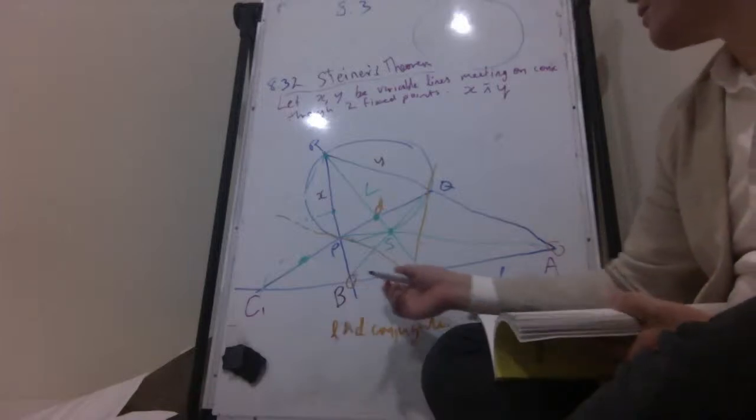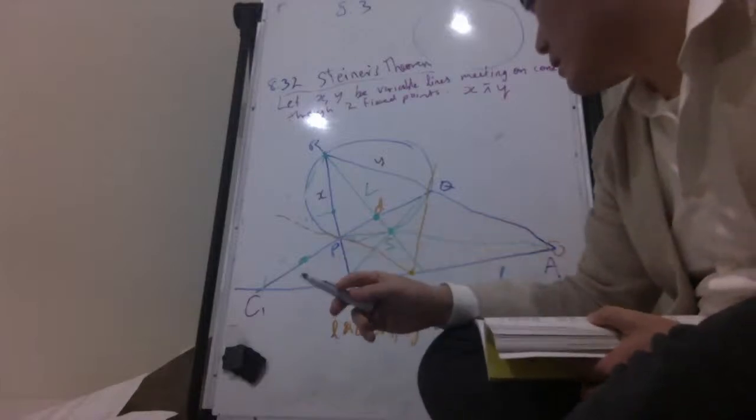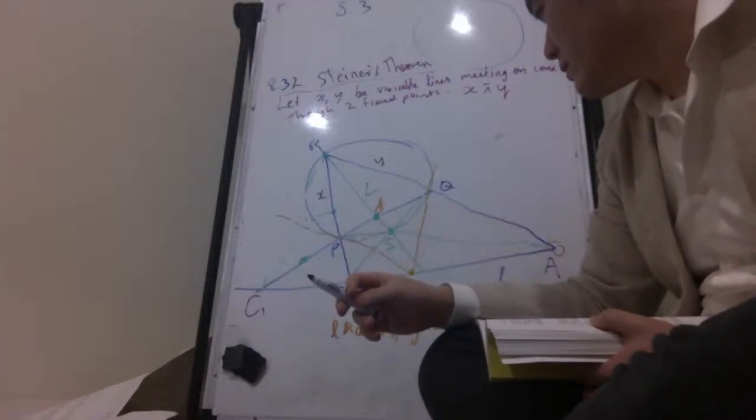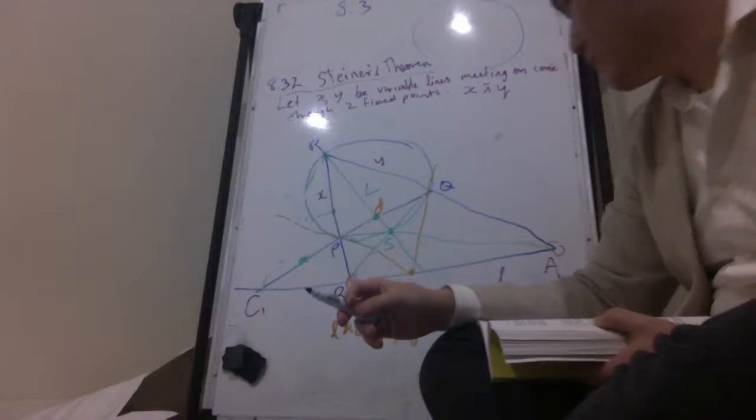So B and A, being conjugate points on this line, induce an involution, I think.